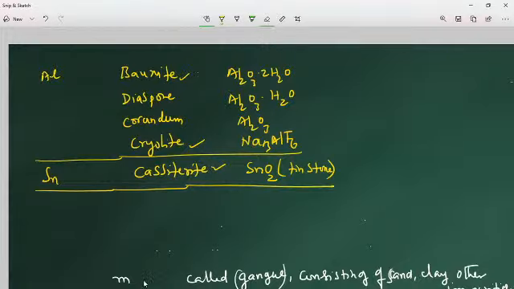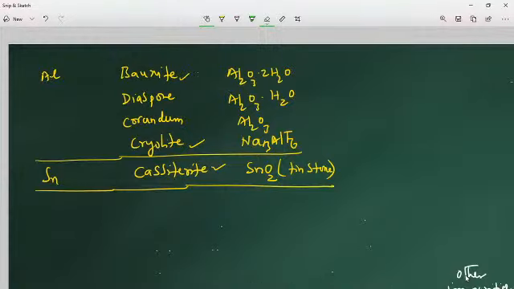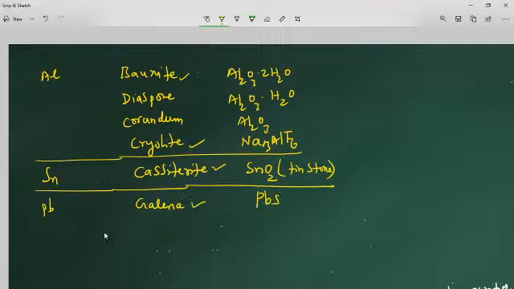Moving to lead and copper. Copper is most important, but in giving the list, first we will give lead, then copper. Pb, the most important ore is galena, and its formula is PbS. This is the most important ore of lead.